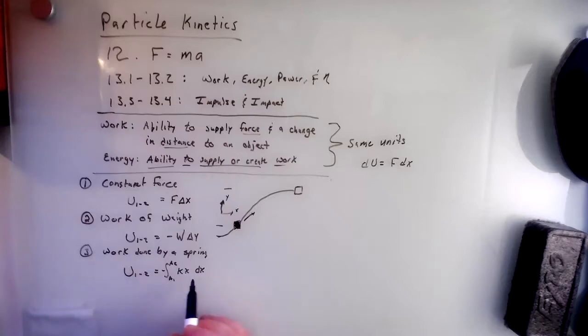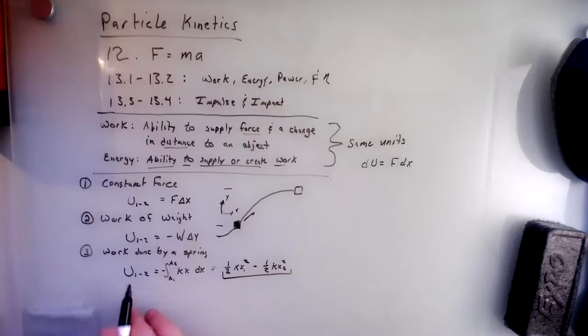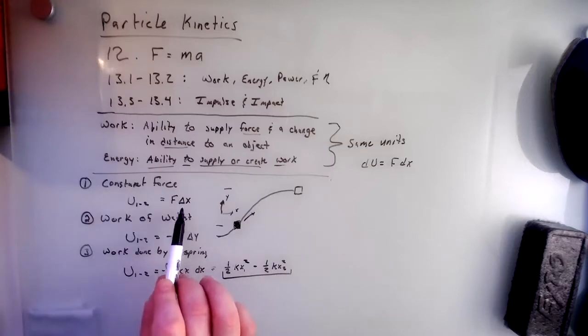So when we integrate this, here's where we get some familiar looking equations. We get 1/2 kx squared. See, this is minus, so this would be 1/2 kx1 squared minus 1/2 kx2 squared, right? And this taken together is the work, because recall that we need a change in x.